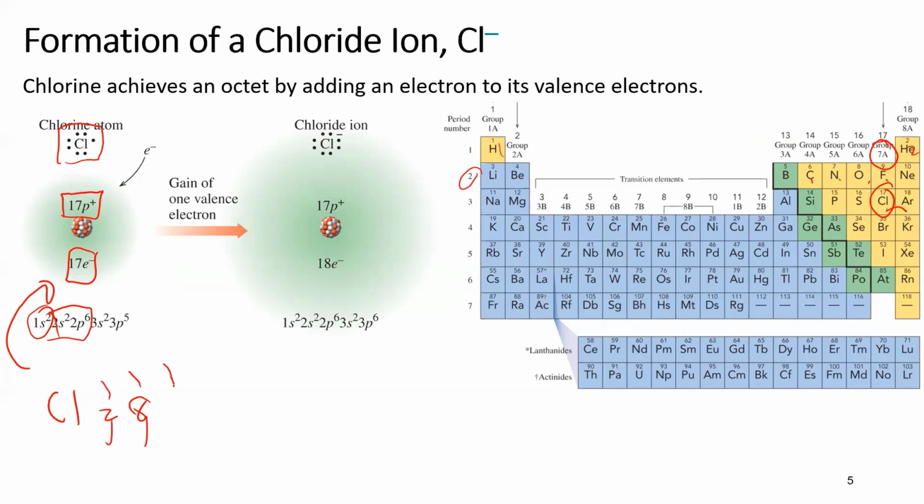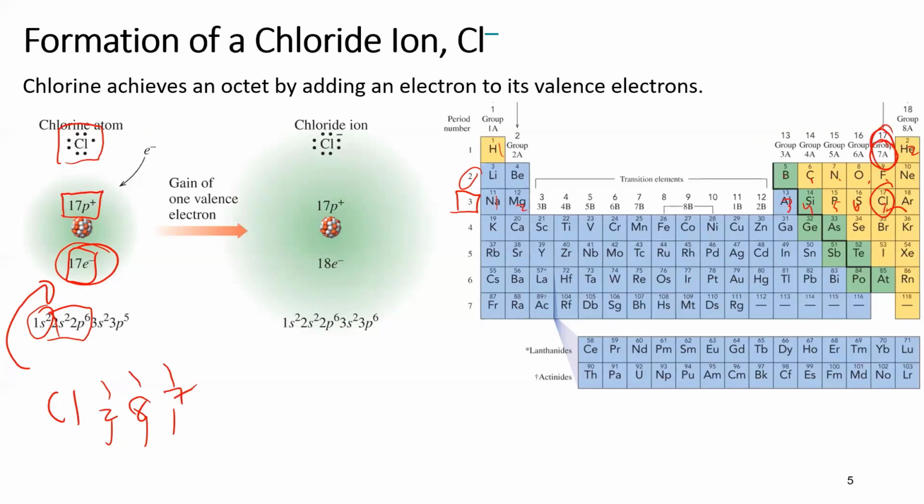So then in the third shell, how many electrons are in the third shell for chlorine? Well, there's 17 total electrons. 2 plus 8 is 10. I have 7 more. And I can count in my third shell for chlorine, there's 1, 2, 3, 4, 5, 6, 7. That's why it's in group 7A.